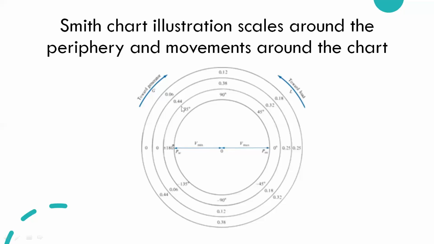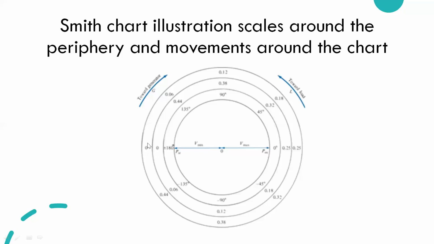Then the second periphery is equal to your load. If you look in this direction, the load direction, one wave is 2 rotations, which is equal to 720 degrees, which is equal to lambda. Only one rotation is equal to lambda by 2.